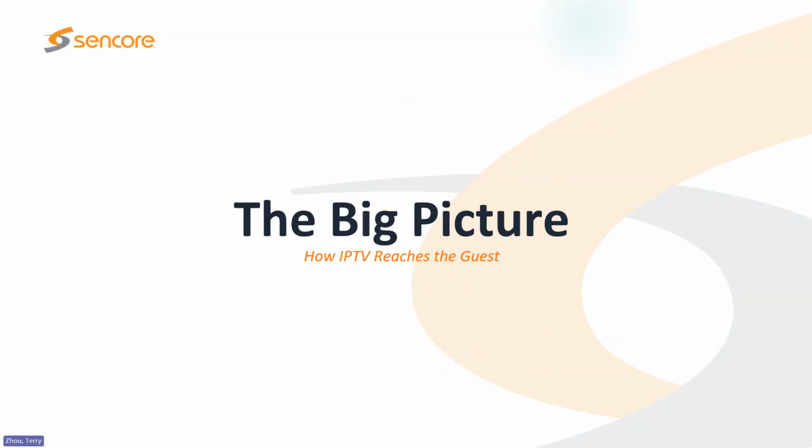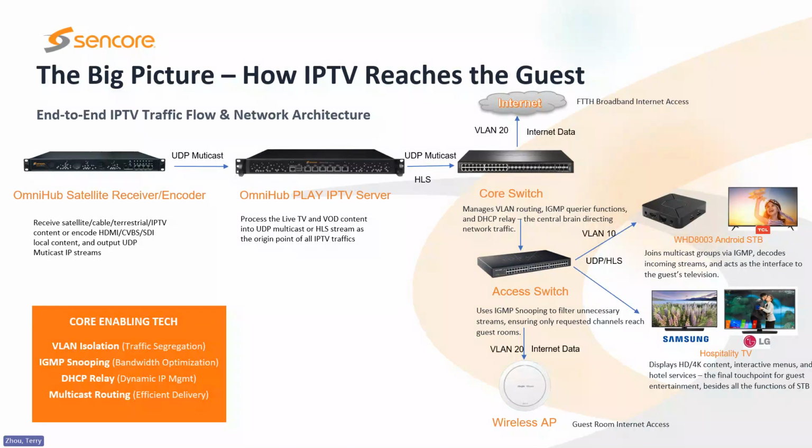So I'll give you a big picture of how an IPTV system is composed. Typically we have a content source, an IPTV server, and a core switch. In different layers of the building, we may have access switches.